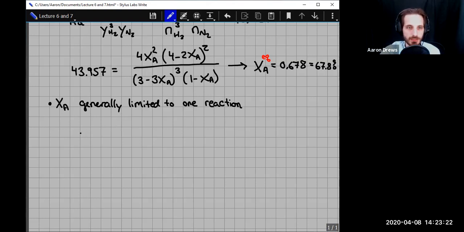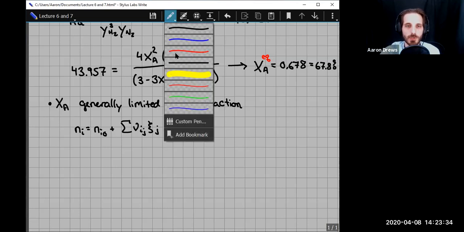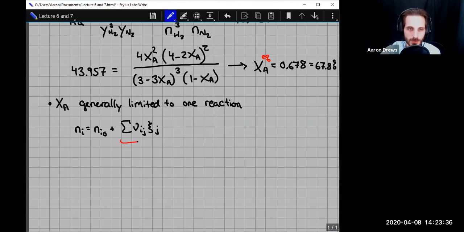The reason for that is because if we have more than one reaction, it's very easy to extend the expression for extent of reaction to multiple reactions by summing up over all of the terms, right? This is how we account for multiple reactions if we're using the extent of reaction.